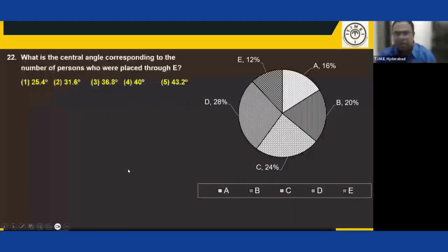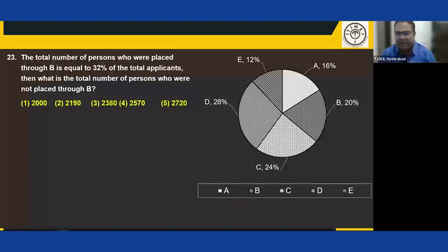One second. Shall I move ahead? Yes. 23. Choice 3. Choice 3 is the answer. You try later, ma. Not now. You try later. Just take it. This is RRB PO 2022. 23. Choice 3.